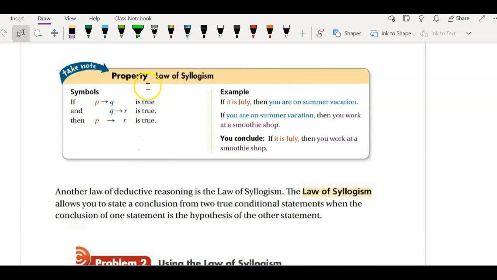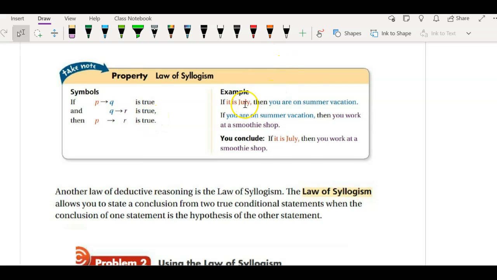The law of syllogism is going to be another way we can draw conclusions. So it states if P then Q is true, and then if Q then R is true, then if P then R is true. So let's look at the example.